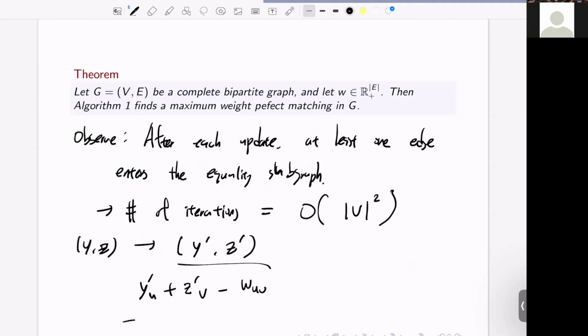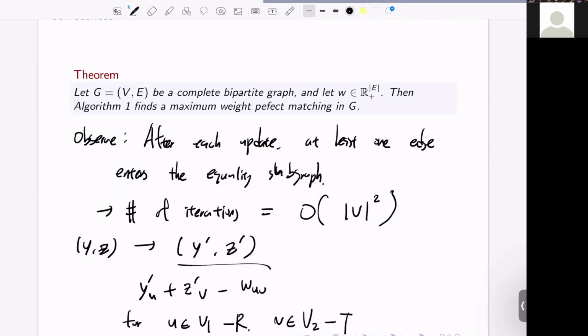So for U in V1 minus R and V in V2 minus T, we know that this thing is YU minus epsilon, and Z prime V will be the same as the original value ZV, minus WUV.